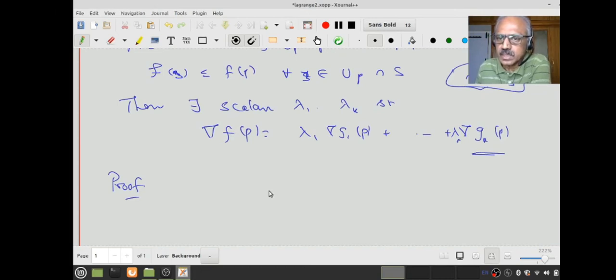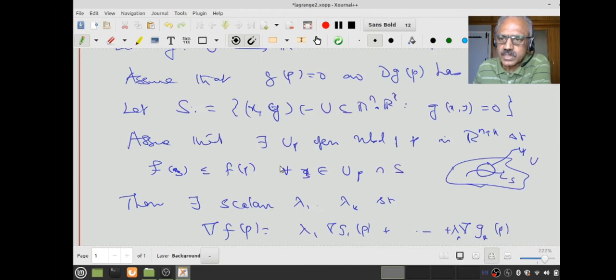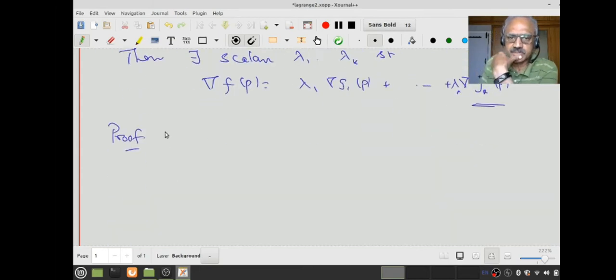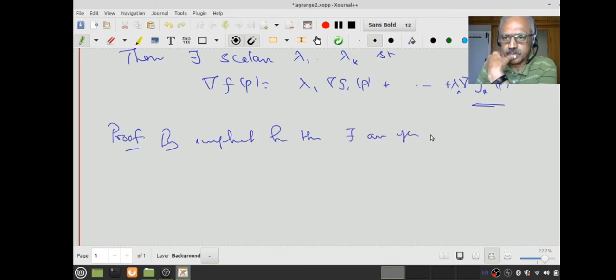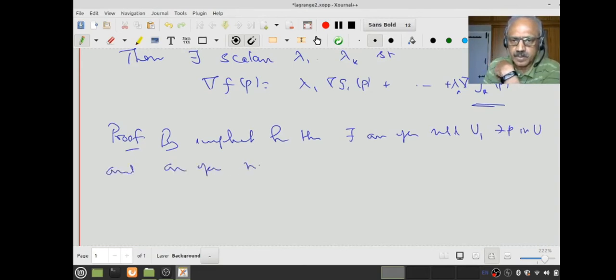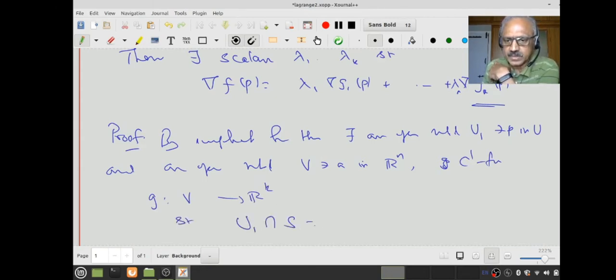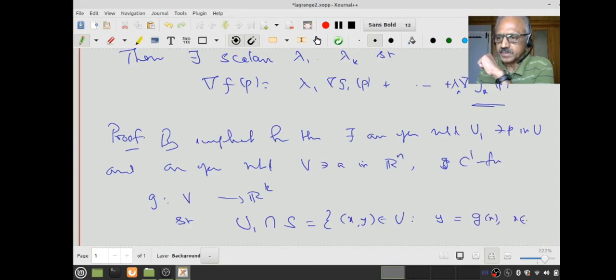Since we assume that dg at P has rank K, by the implicit function theorem there is an open neighborhood U1 containing P in U, and an open neighborhood V containing A in R^n, and a C1 function from V to R^K, such that U1 intersection S is nothing other than the set of all (x, y) in U such that y equals the function of x and x in V.